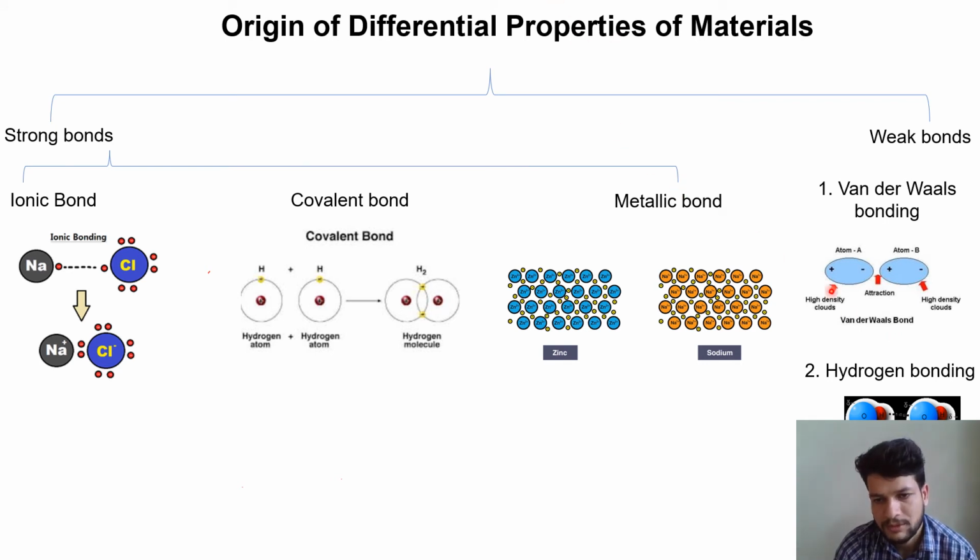Now talking about hydrogen bonding. Hydrogen bonding is also a type of electrostatic attraction. It occurs between a hydrogen atom which is bound to some electronegative group. Because of bonding to the electronegative group, this hydrogen atom attains a small positive charge, and then it is attracted to another atom which has a small delta negative charge on the other side.